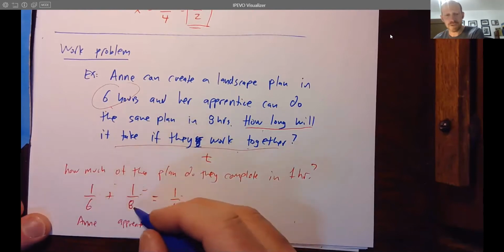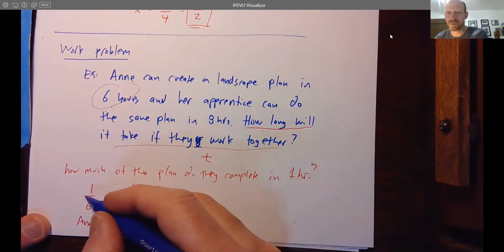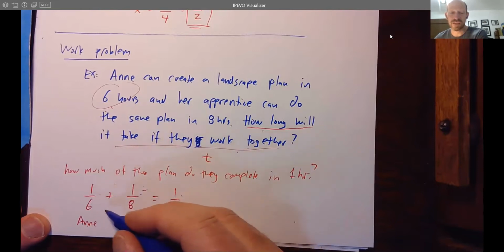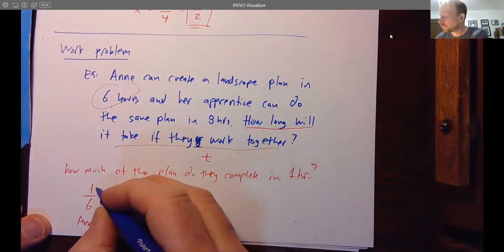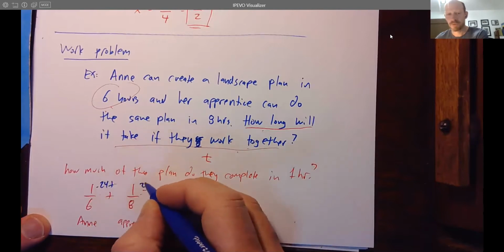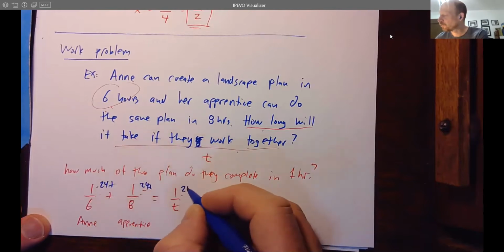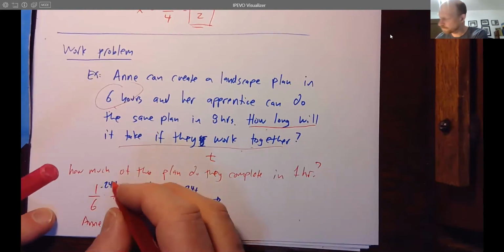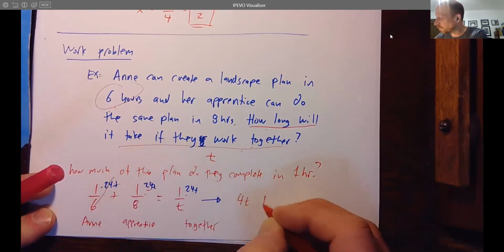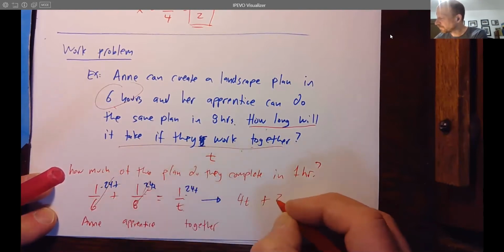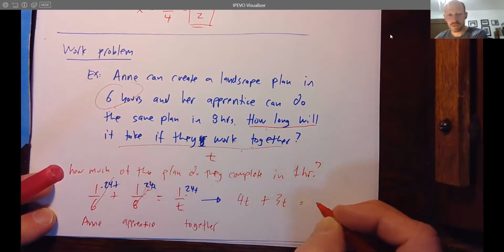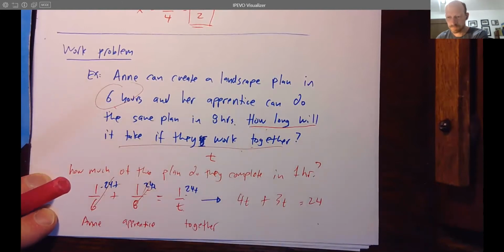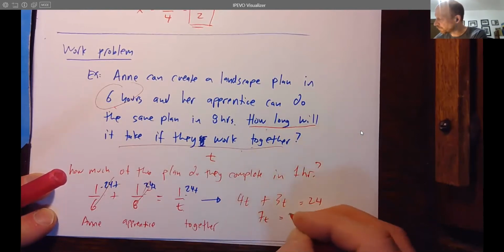I need a common denominator here because it's an equation. It turns out for 6 and 8, the common denominator is 24t. So that's going to give me what? 4t plus 3t equals 24. 7t equals 24.